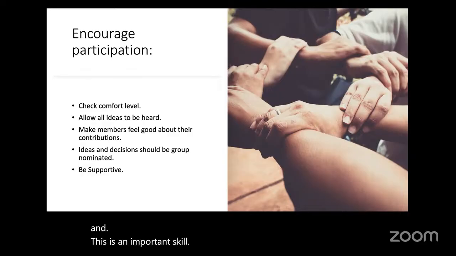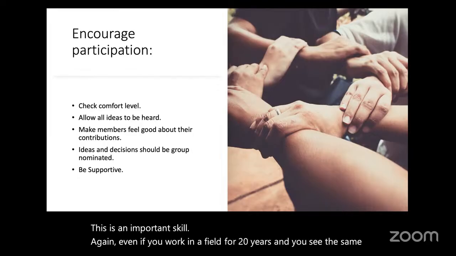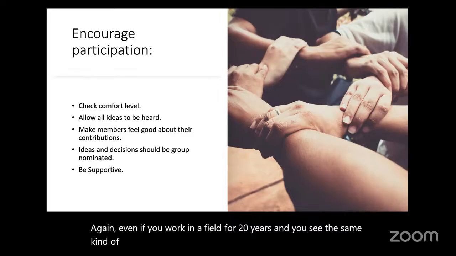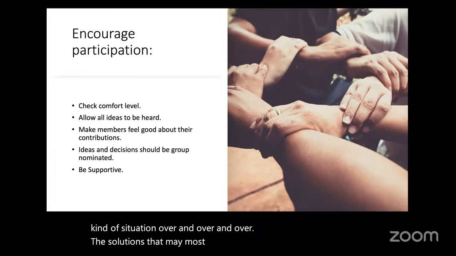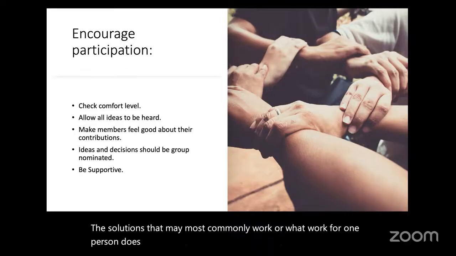And this is an important skill, because even if you work in a field for 20 years and you see the same kind of situation over and over and over, what most commonly works, or what worked for one person, does not necessarily mean that it will work for the other person.